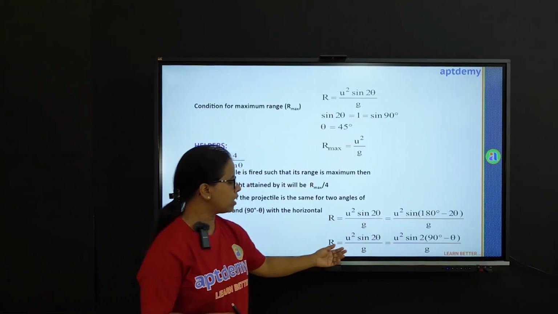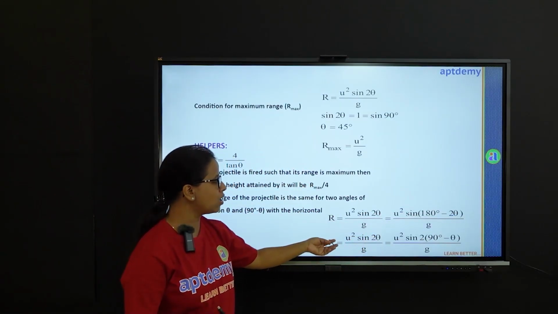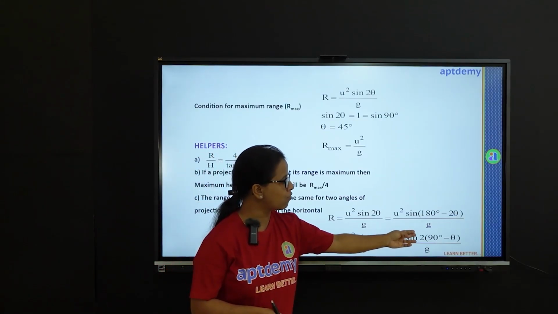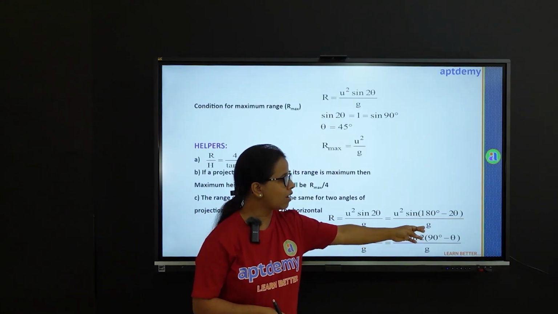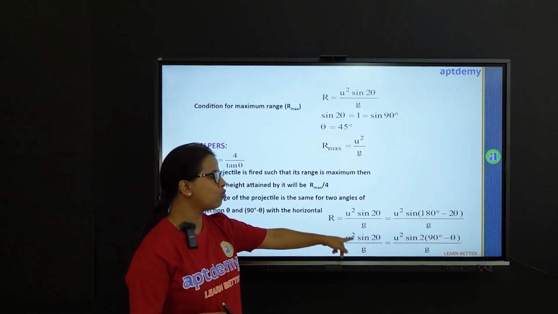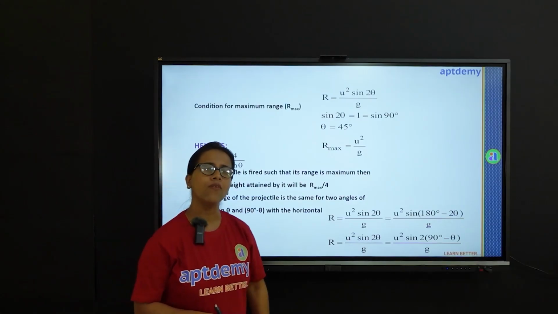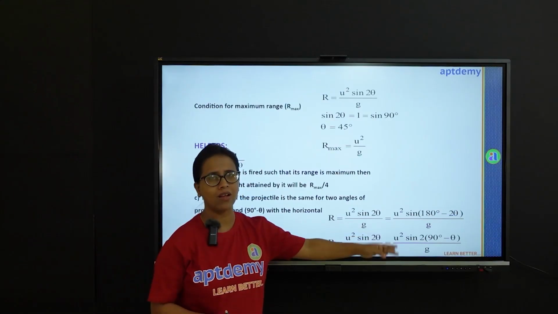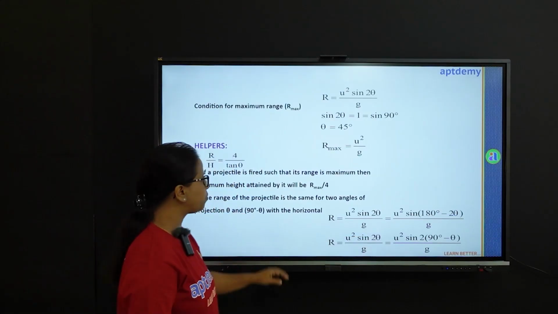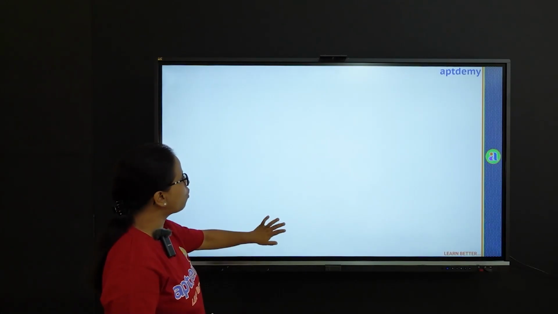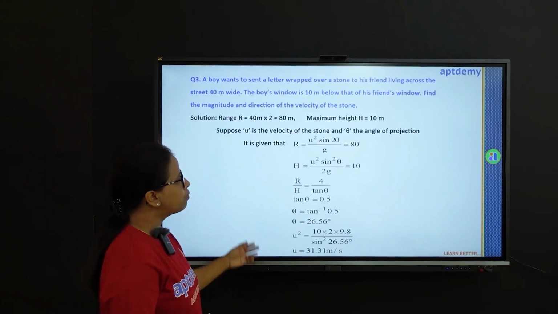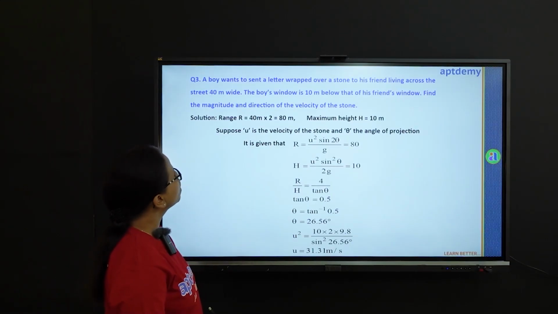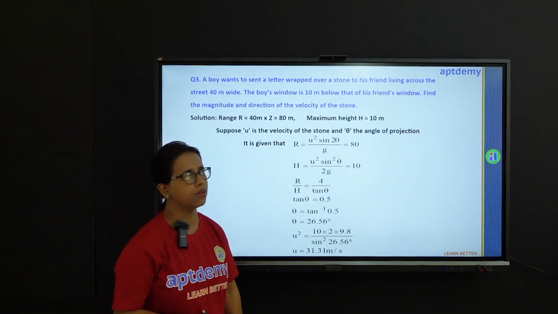Taking 2 common, we can write the expression as R equals u square sine 2 theta upon g, which is equal to u square sine of 2 times (90 minus theta) upon g. So there are two angles of projection at which the range of the projectile could be the same. One angle is theta and the other angle is 90 minus theta. So these helpers are to be borne in mind so that they prove to be of great help during numerical problem solution.